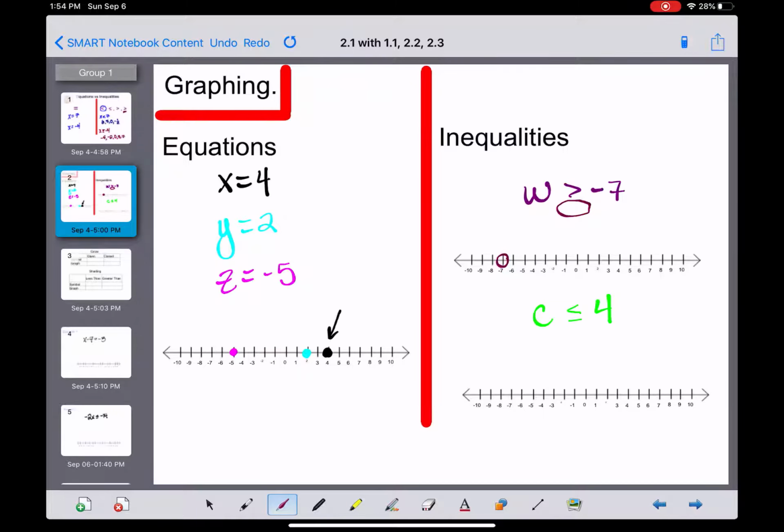That means that -7 is not within the solution. I also need a way to show all numbers greater than -7. Well, -6, -5, -4, -3, all the way to 10 are all greater, and every decimal in between is as well. So I'm going to shade in the direction of the bigger numbers, or the greater numbers.